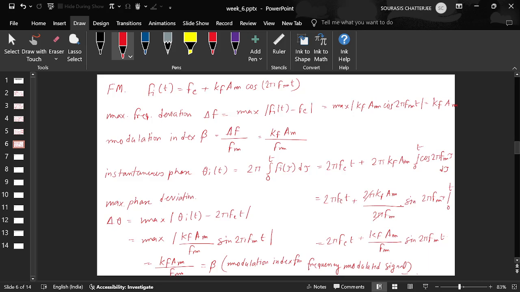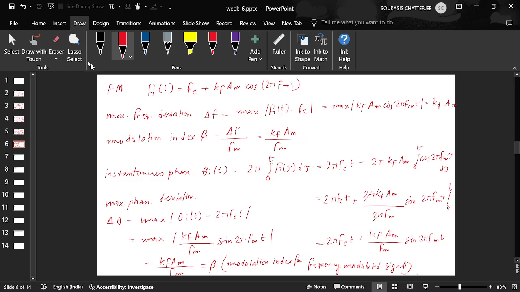For the frequency modulated signal, the modulation index is kf Am over fm, and that is the maximum phase deviation. For the phase modulated signal, the modulation index is kp Am, which is also the maximum phase deviation. So the modulation index in both cases is a direct measure of maximum phase deviation.